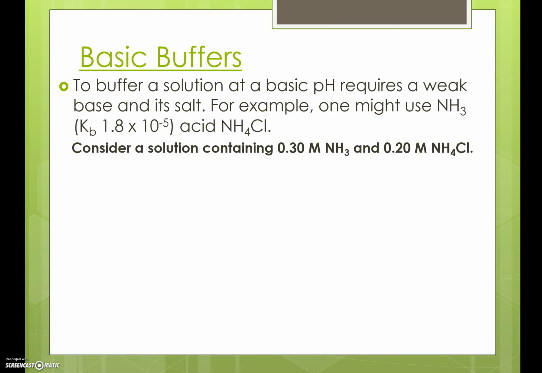And the first thing we're going to want to do is talk about what's in the solution. So we're actually going to list them this time. We've got ammonia, which has a Kb value of 1.8 times 10 to the minus 5. We've got our ammonium ion, which has a Ka value of 5.56 times 10 to the minus 10, and we figure that out by taking Kw and dividing it by Kb for ammonia to get Ka.